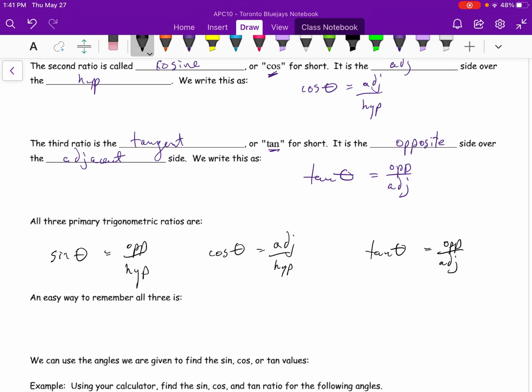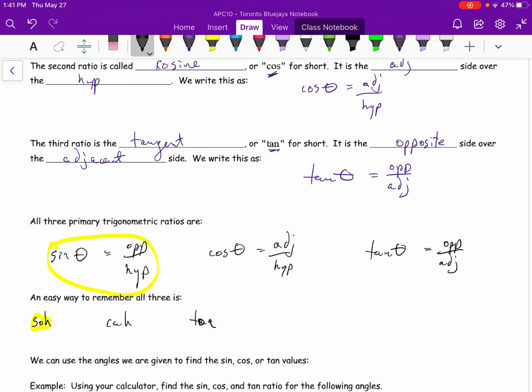So an easy way to do it, now I'm going to do two ways to do it. A lot of people say SOH CAH TOA. And so SOH is sine is equal to opposite over hypotenuse.